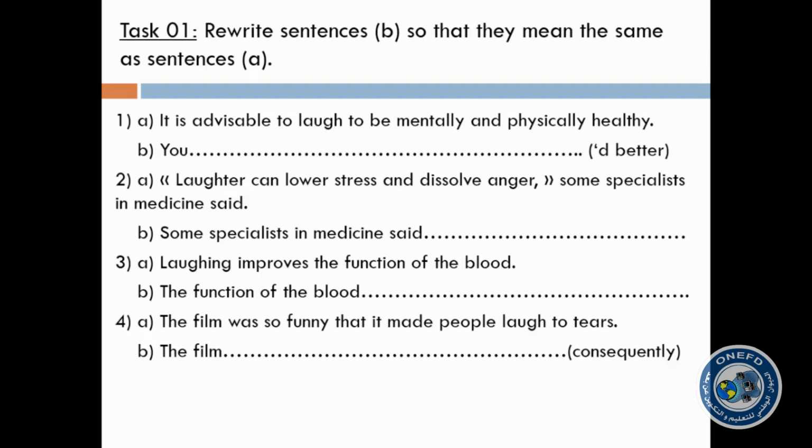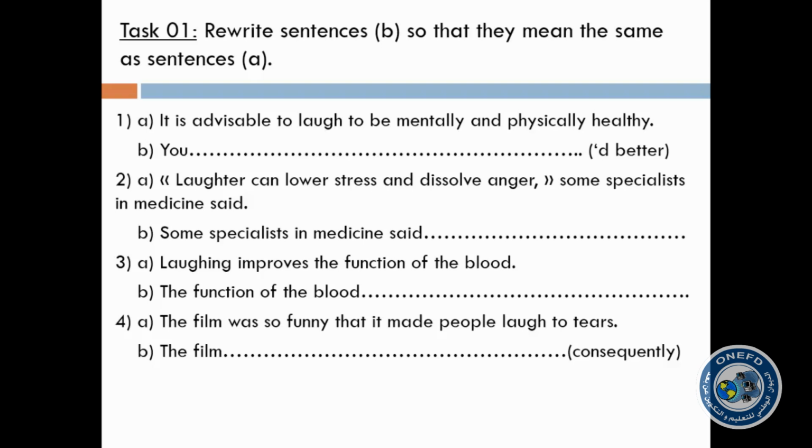Sentence 1, the pair. Sentence A, it is advisable to laugh to be mentally and physically healthy. So B, you start with "You". You rewrite sentence A using had better or 'd better.